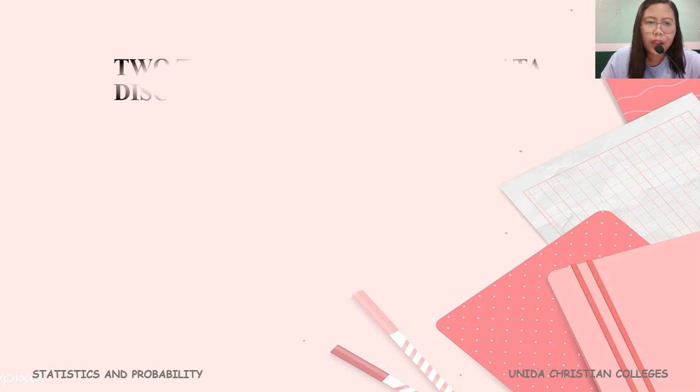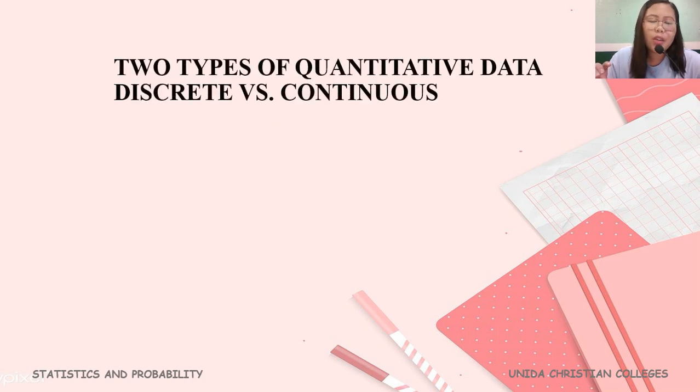Okay? And of course, under ni quantitative data po, we have another two types. Di ba? Sabi natin, variable. We have two types of variable, the qualitative data and the quantitative data. And another types of quantitative data, we have discrete versus the continuous. So let's start with the discrete.